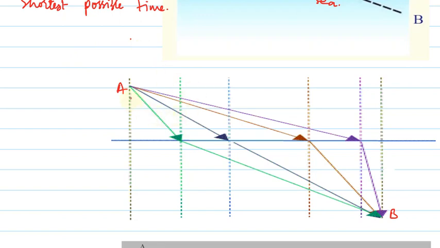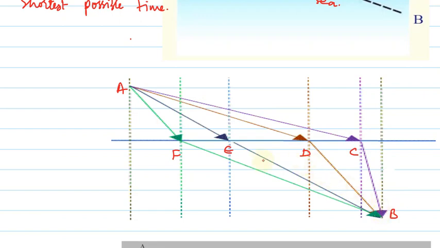So now if you see the different paths to reach from A to B, let me label this as C, this is D, this is E, and this is F. Out of all these paths, the C path is the shortest possible time path because we can run faster on land than we can swim in water. So let us cover a large area on land and the rest of the area in water.